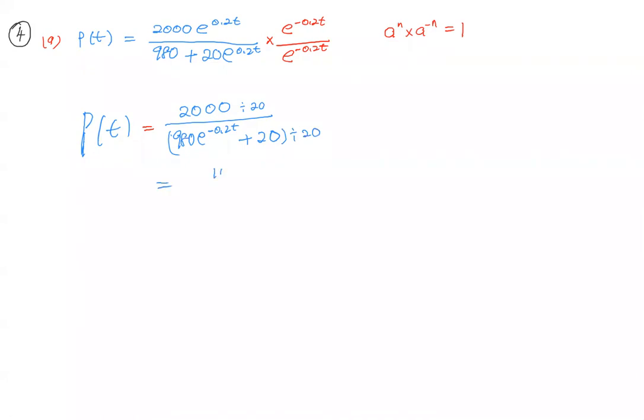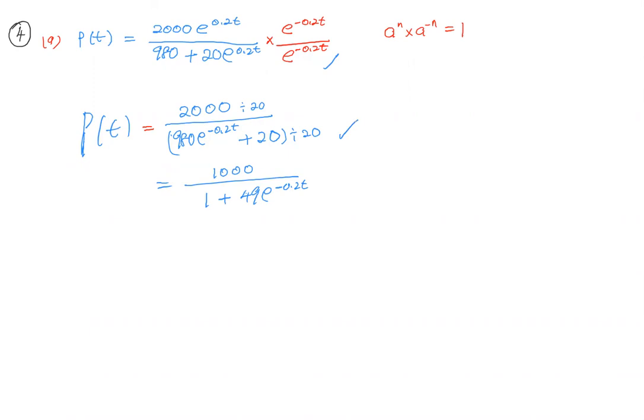So you have 1000 over 1 plus 49 e to the power negative 0.2t. Okay, like that you get 2 marks. One step, one step. Yep.